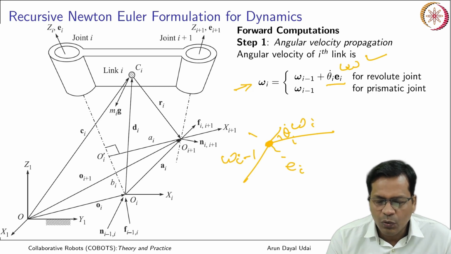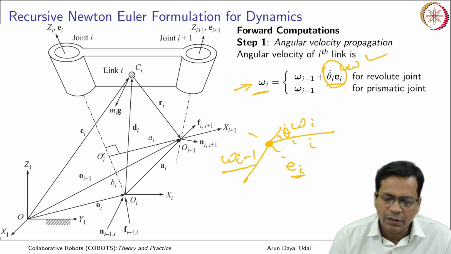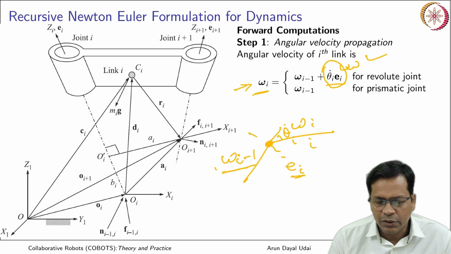Effectively this is the total velocity omega i. The term theta i dot into e i is the angular velocity imparted to the ith link due to the motion of the joint angle theta i, and omega i minus 1 is the angular velocity right up to the i minus 1th link.